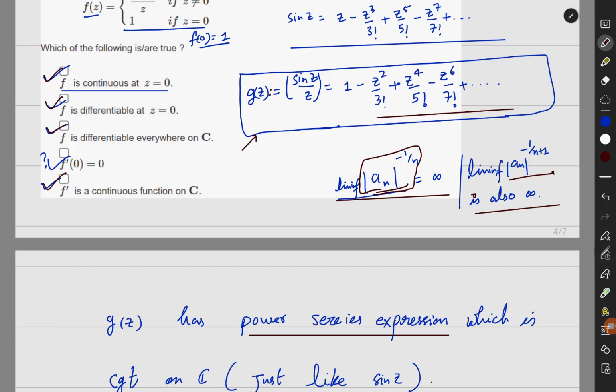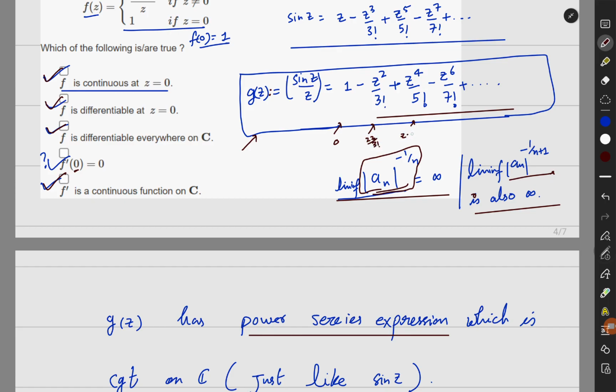You see this expression, calculate g prime, which is also equal to f prime. So when you calculate g prime, here you get 0, here you get a multiple of z, 2z divided by 3 factorial, and everywhere you get a multiple of z. So you put the value z equal to 0 because you want to calculate at 0. So this becomes 0, this is 2z by 3 factorial and so on.